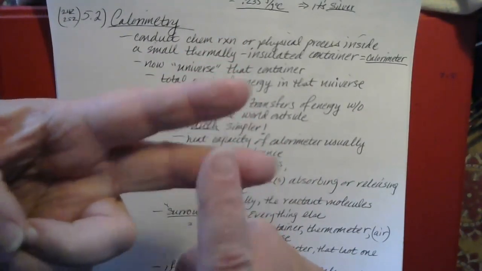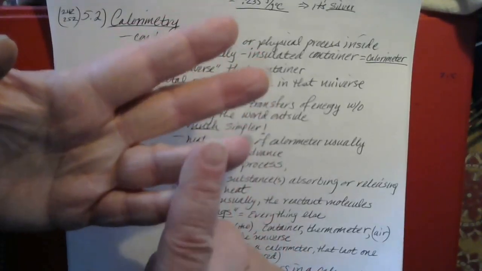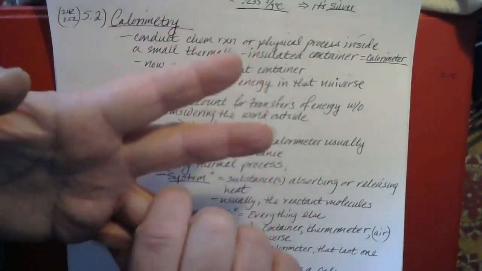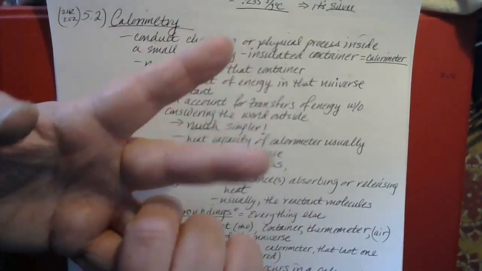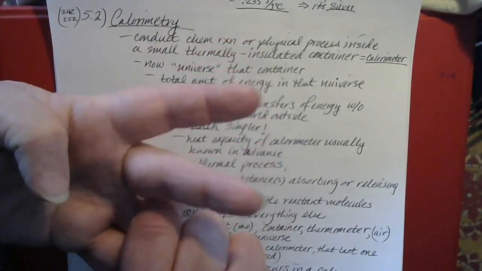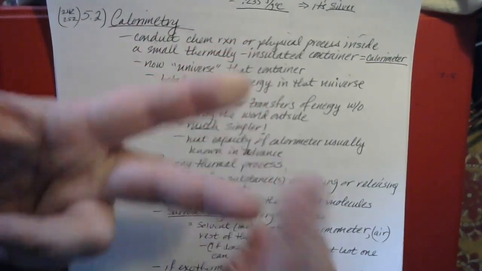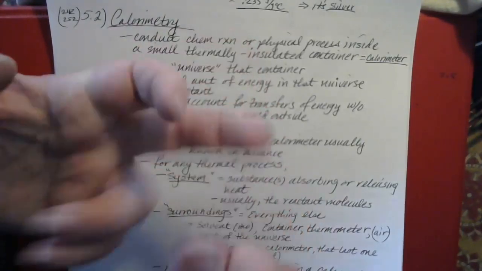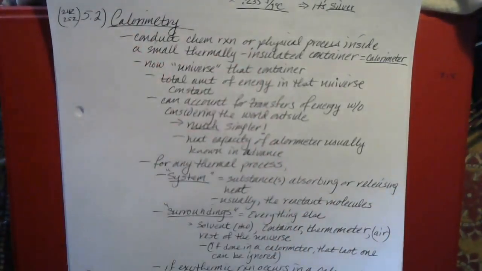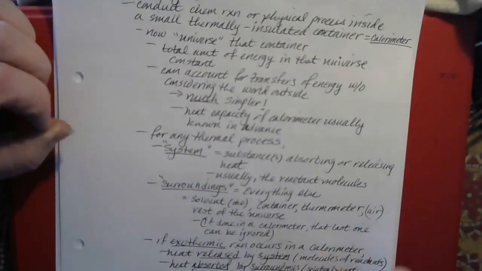And if you want to be super accurate about it, the thermometer and the air above the solution inside the calorimeter. Those last two are small enough that they can usually be ignored. So now you really only have to account for the heat that's being absorbed by the solvent, which is usually water, and the inner surface of the calorimeter. That's two things down from practically an infinite number of things if you were not doing it inside a calorimeter.